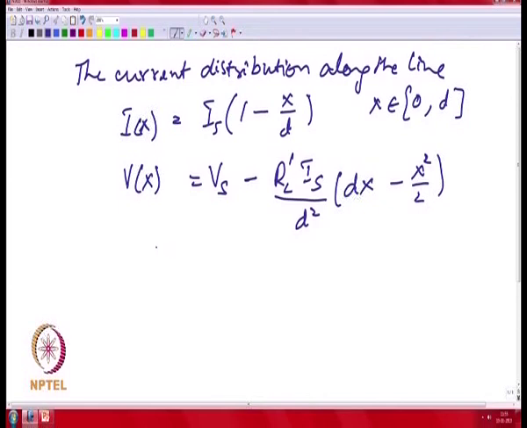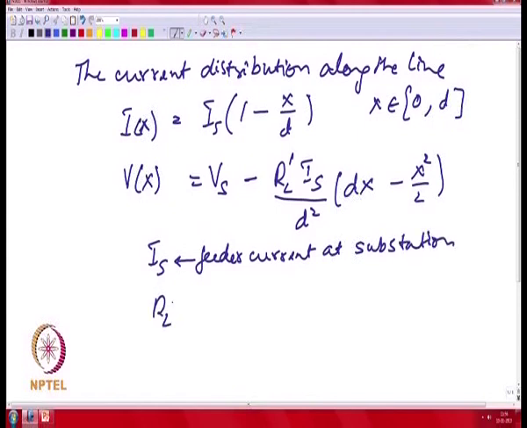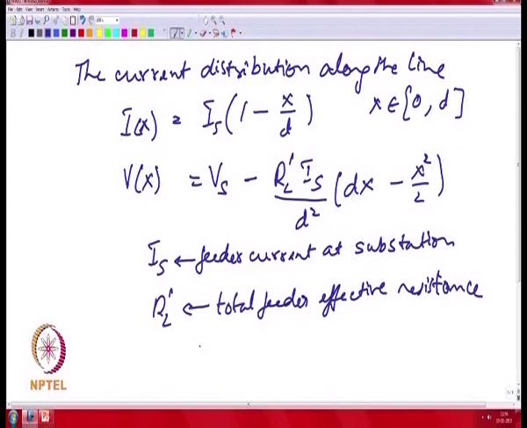Is is the feeder current at the substation, and here R L prime is the total feeder effective resistance, and it is given by R L, which is the actual resistance, into P, the power factor, plus the X by R ratio of the line into square root of 1 minus P square.